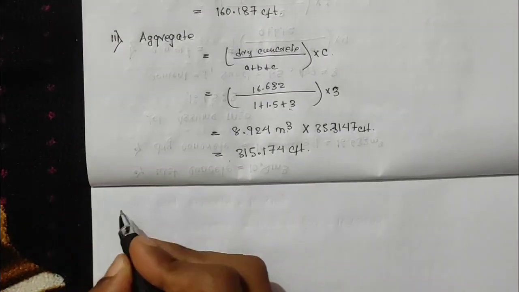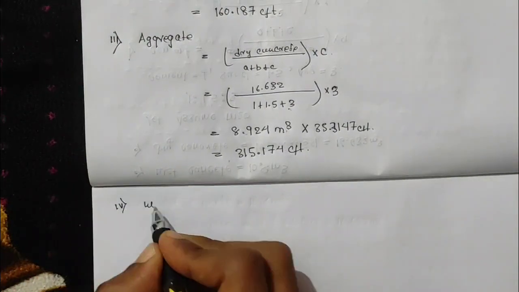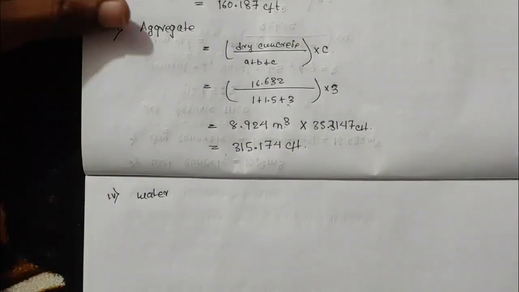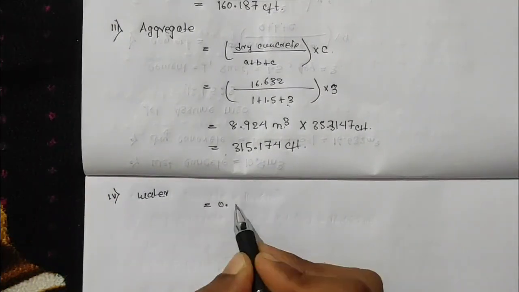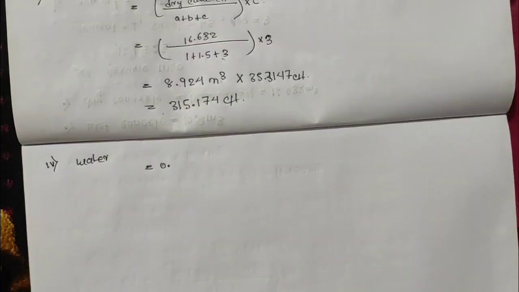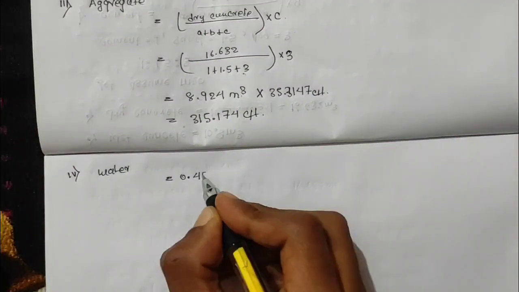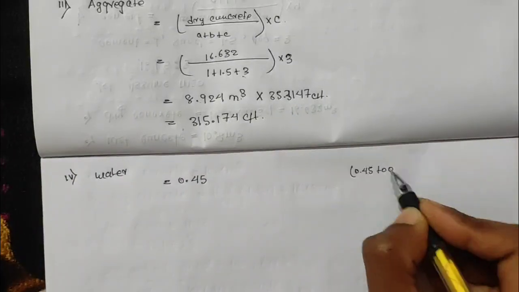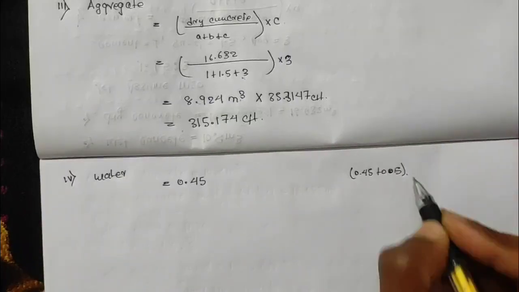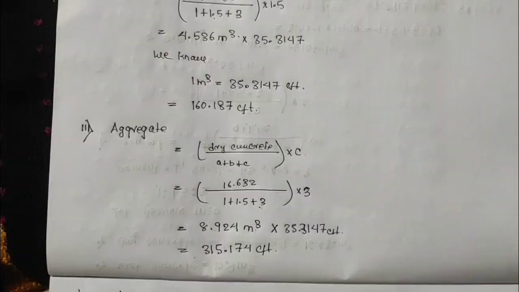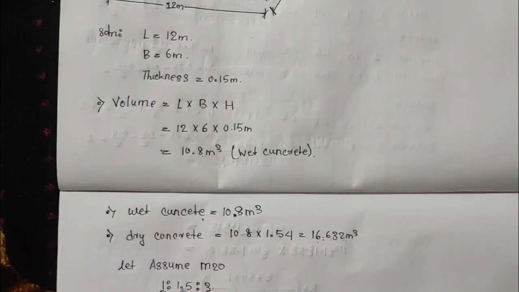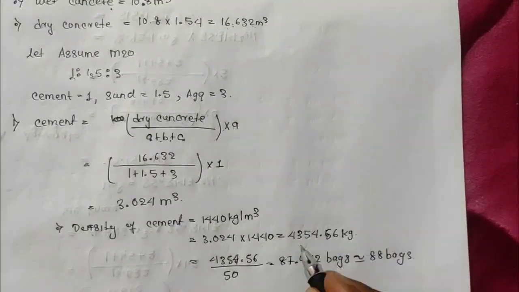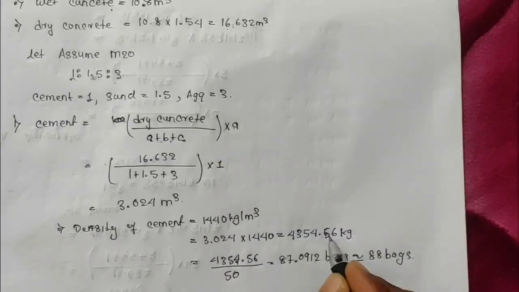Now the last quantity is water. For water we have to multiply by 0.45; its range is 0.45 to 0.5. We multiply this with the cement in kg, which is 4354.56.